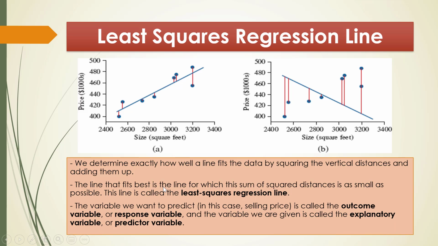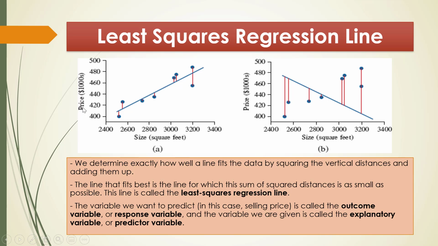And in general, here we have two variables. The variable that we want to predict is called the outcome variable or response variable. And the variable that we are given is called the explanatory variable or the predictor variable. So here in this example, we want to predict the selling price of a house.